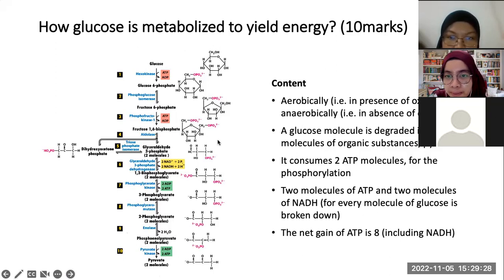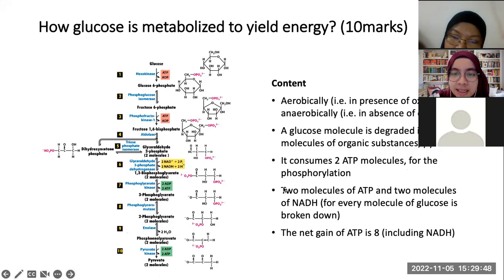So 1 glucose molecule is degraded into 2 molecules of pyruvate. This reaction consumes, or uses, or utilizes, you can use either word, 2 molecules of ATP.